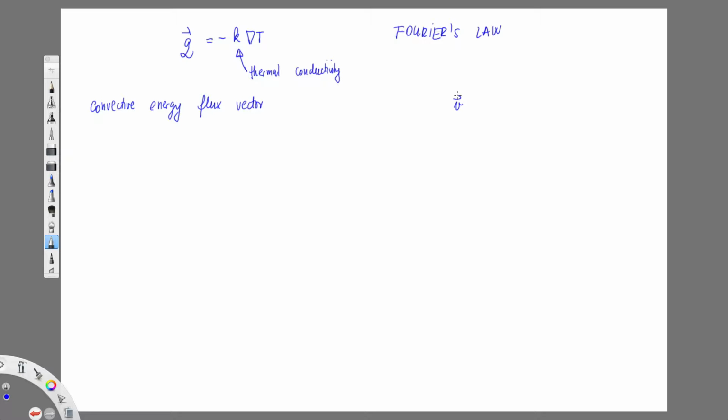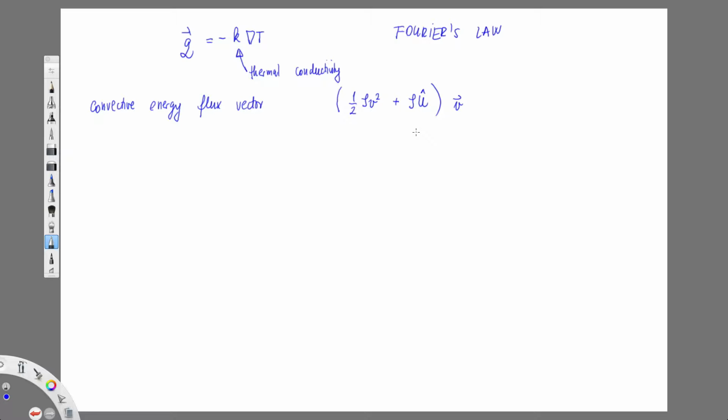So basically every fluid packet that shows up will have 1/2 rho v squared, which is basically kinetic energy density, and rho times u, which is my internal energy, and the little hat above this u refers to per volume.